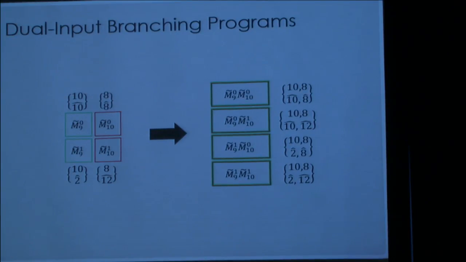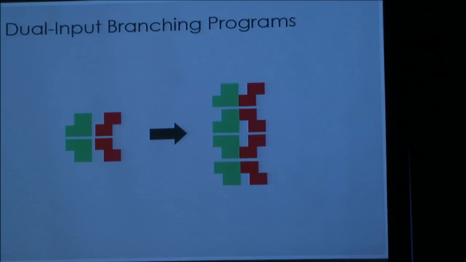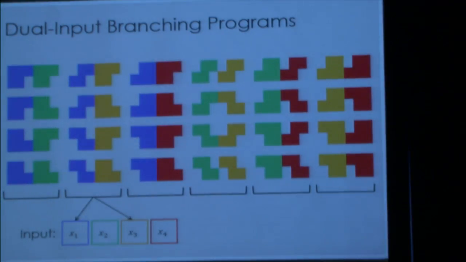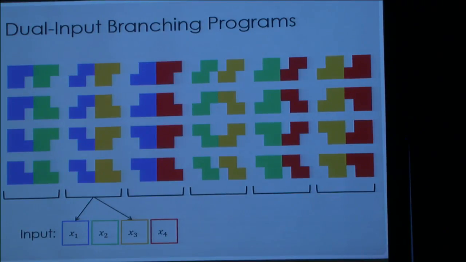So basically, you're taking two levels with two matrices each, and you're turning them into one big level with four matrices. Pictorially, it's as if you took the puzzle pieces and glued them together. So now you can't use just one piece, you have to use two pieces at a time. So now you have this new branching program where in every level you need to select one of four matrices by looking at 2 bits of the input. This is why we call this a dual input branching program.